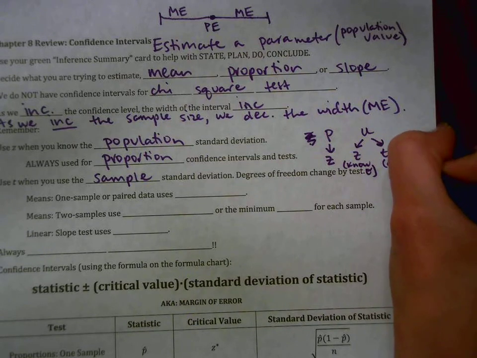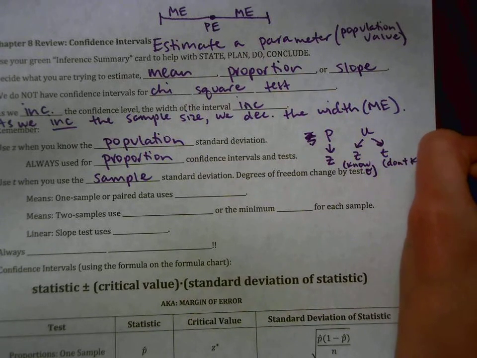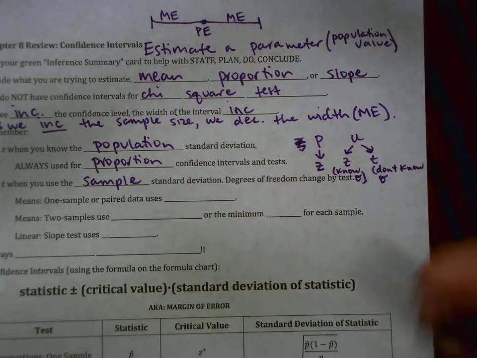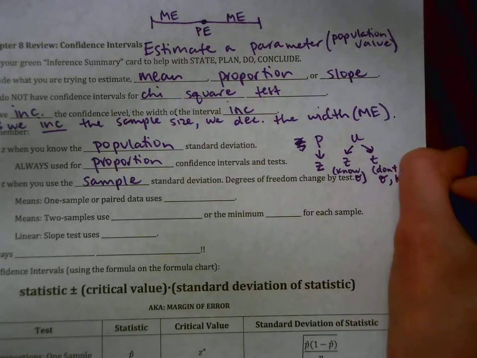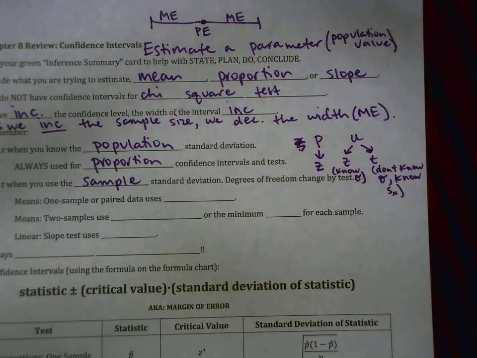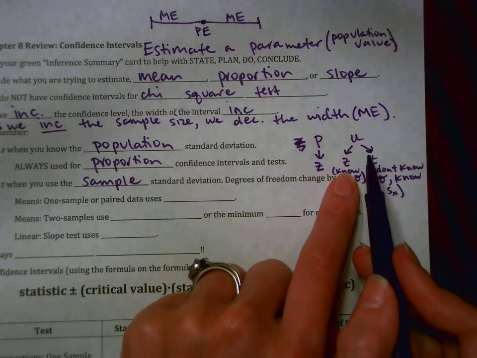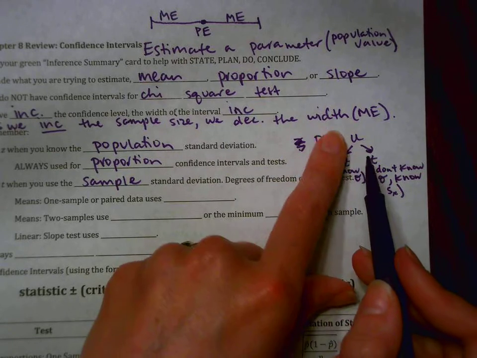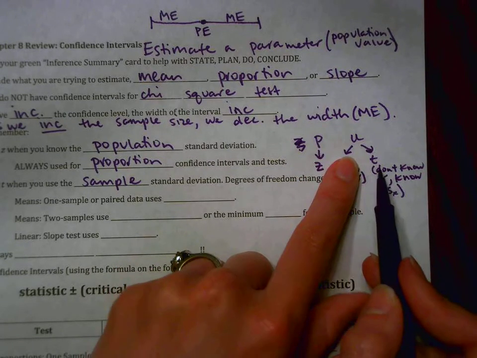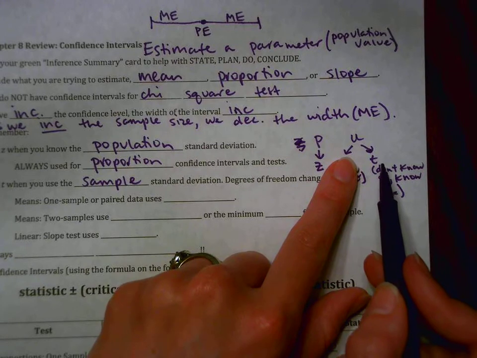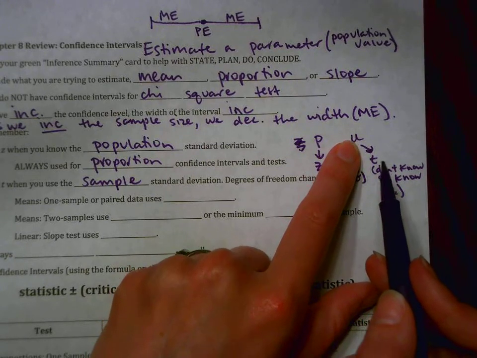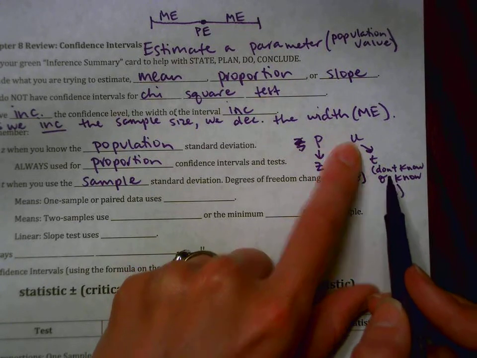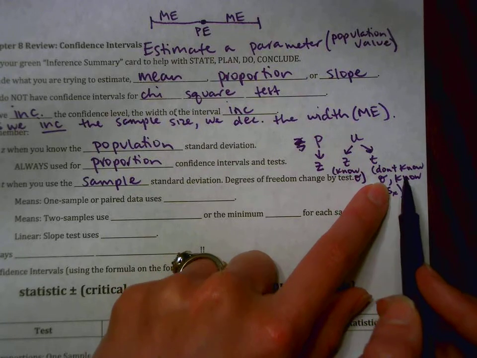T is if you don't know the population standard deviation, you only know the sample standard deviation, which is Sx. If you want to break it down, and you'll probably be fine, you can say P is Z and mu is T, and you're probably going to be right, because normally if you're estimating the population mean, then you also don't know the population standard deviation.